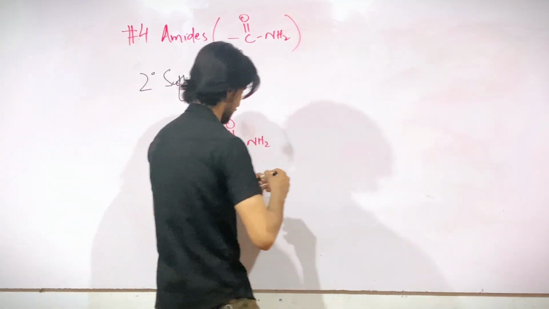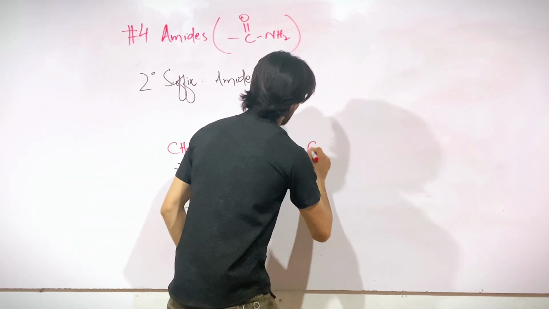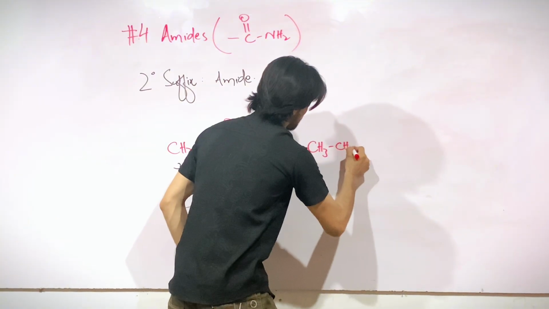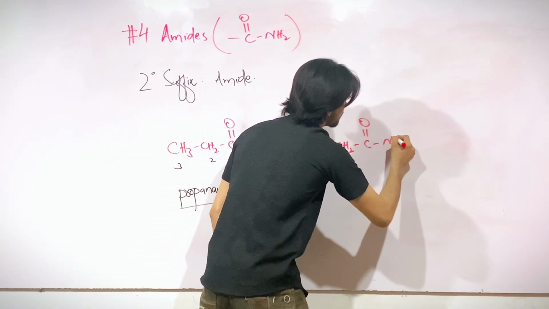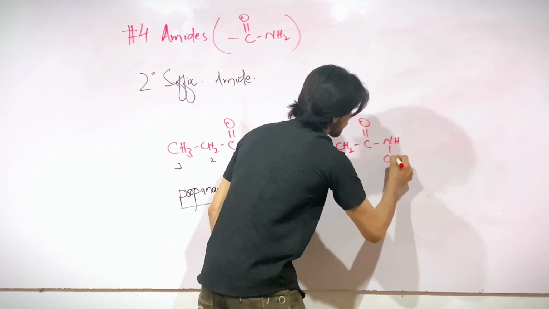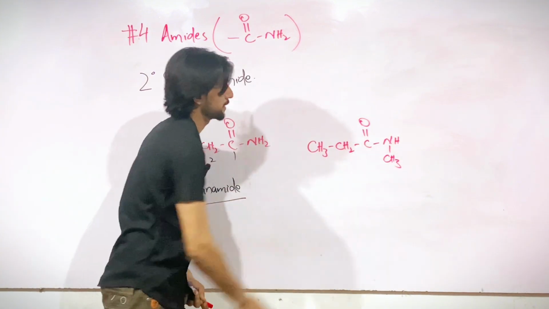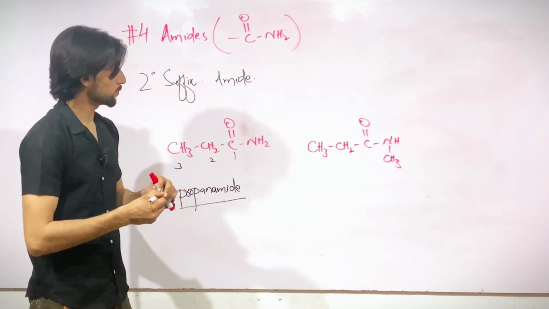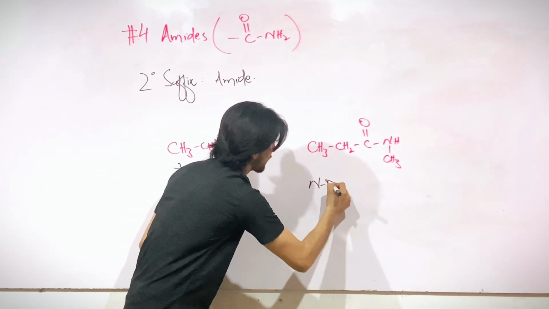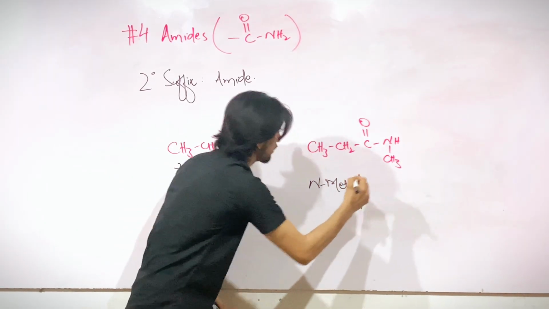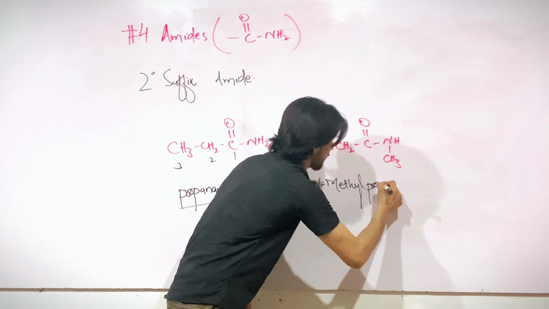What will be the name of this compound? Let's see. So now we have got a substitution at N. So at nitrogen, we have got substitution. So the name for this becomes really easy. It is N-methyl, and 3 carbon atoms is, as in the previous case, propanamide.